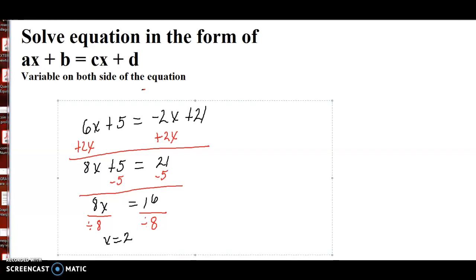Now, when we say x equals 2 here, we're saying that's the only number that would make the right-hand side of the equation equal to the left-hand side of the equation.